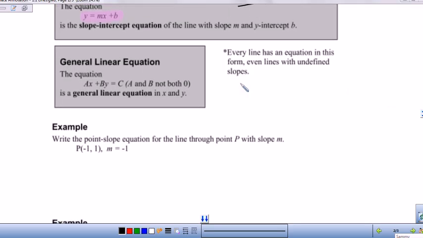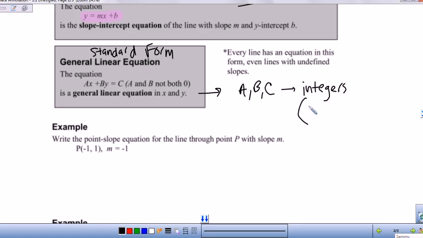And then the general, or the standard form, as it's sometimes called, of a line is ax plus by is equal to c. And also the thing that you have to remember about that is that if it's in standard or general form, a, b, and c are integers. And remember, the definition of integers are positive and negative whole numbers.